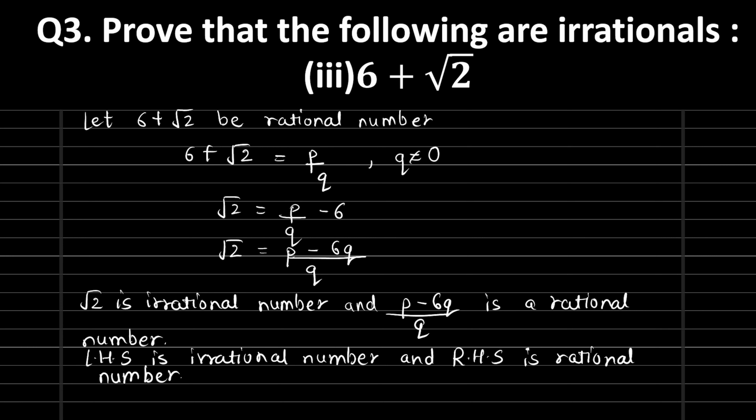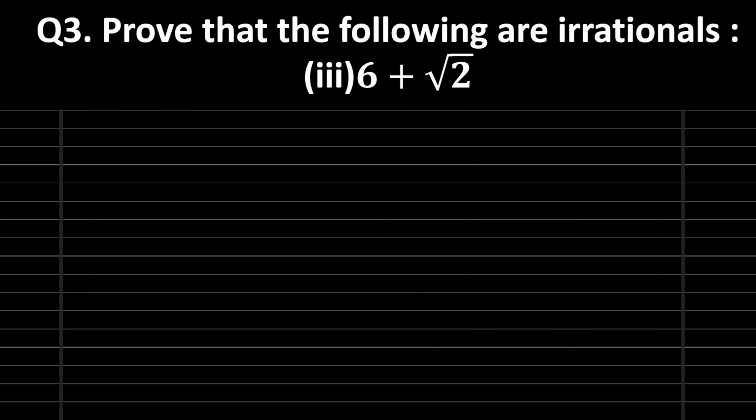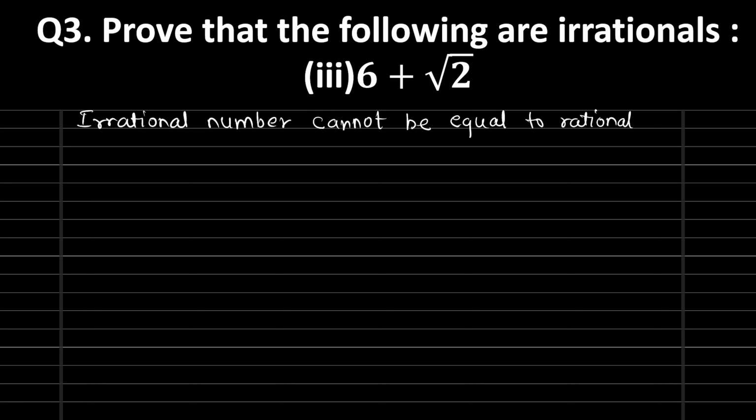Now there is a contradiction over here, right? Why is this a contradiction? An irrational number cannot be equal to a rational number.